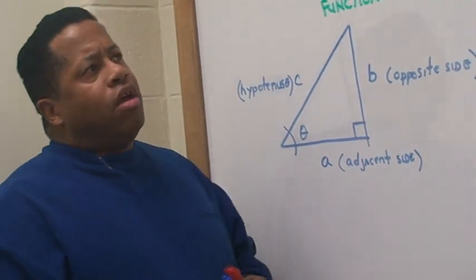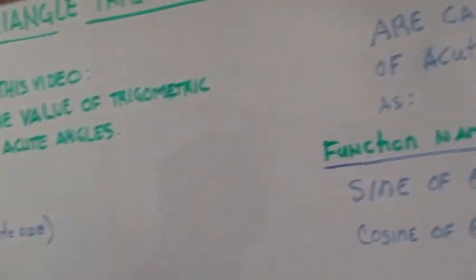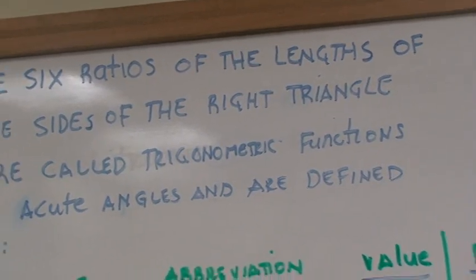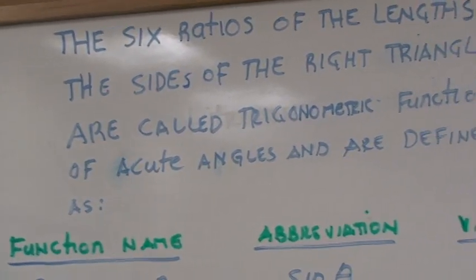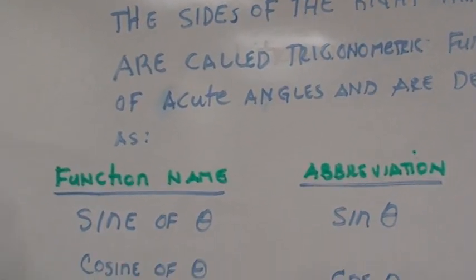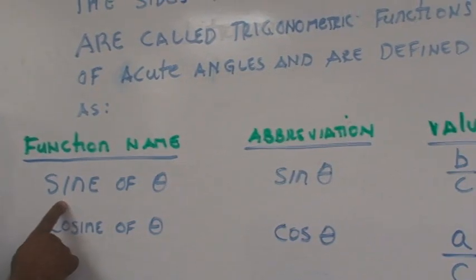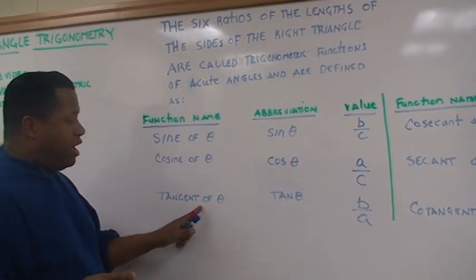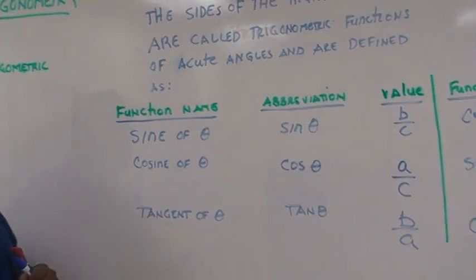Now, let's talk about the 6 ratios of the lengths of the sides of the right triangle, which are called trigonometric functions of acute angles. They are defined with the function names sine of theta, cosine of theta, and tangent of theta.